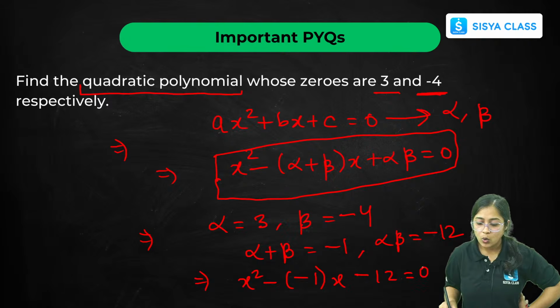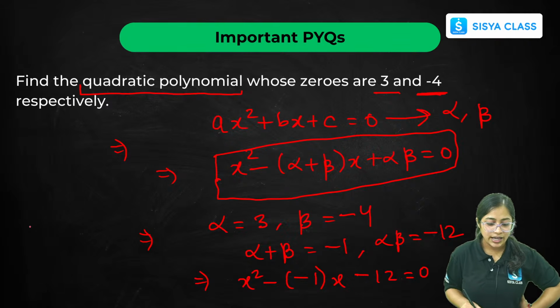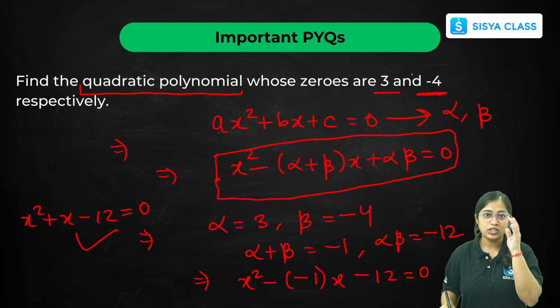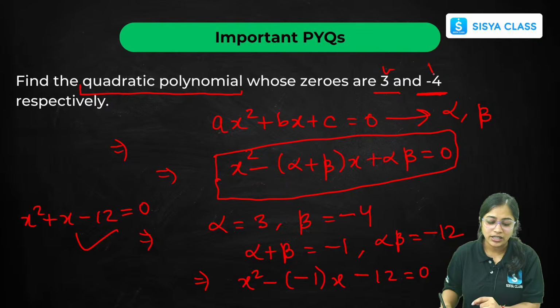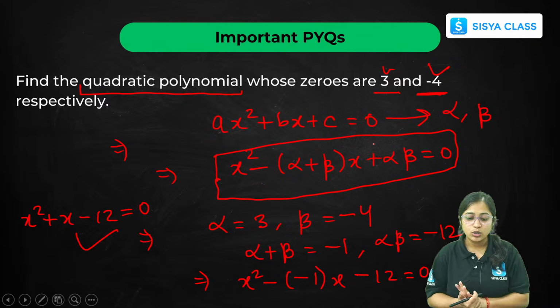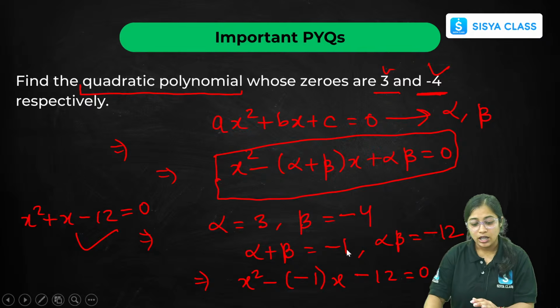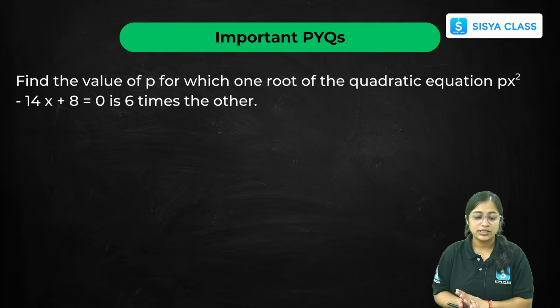So your quadratic equation is x square plus x minus 12 equal to 0. Okay, so this is a quadratic equation whose roots are 3 and minus 4. I hope this is clear to everyone, right? Now let's move to the next question.